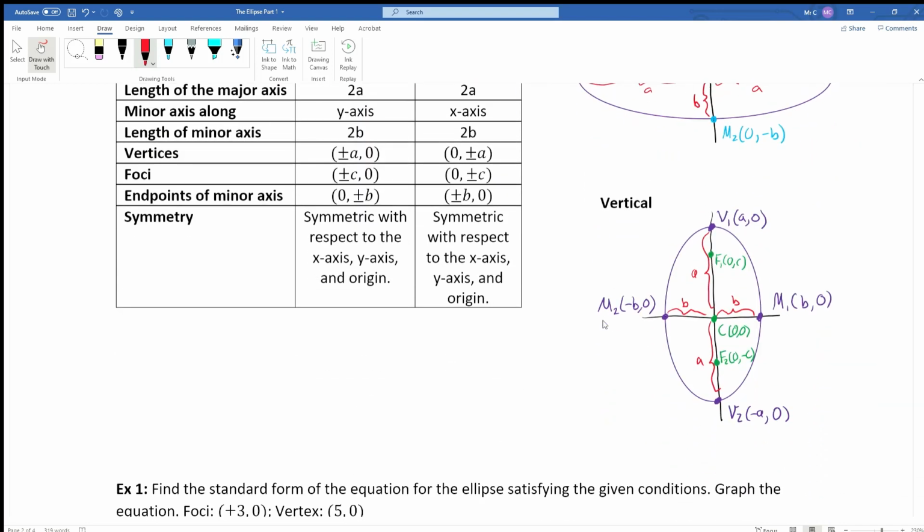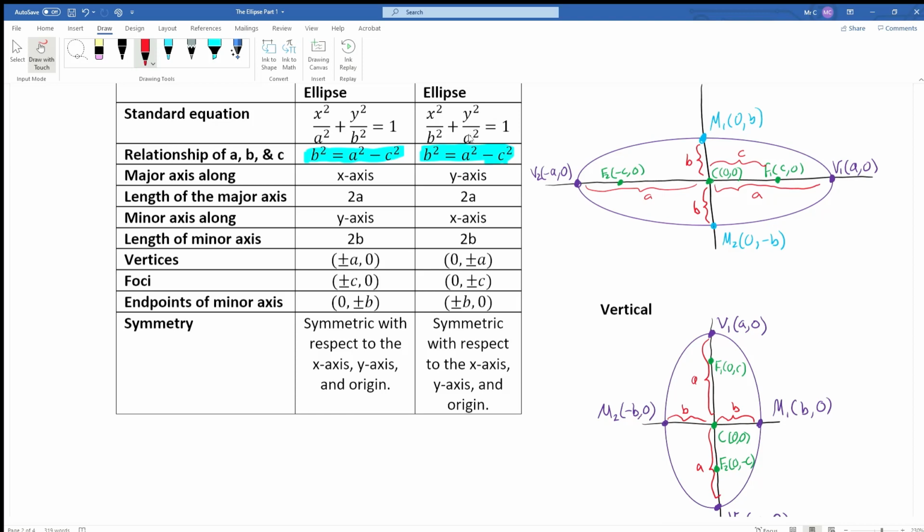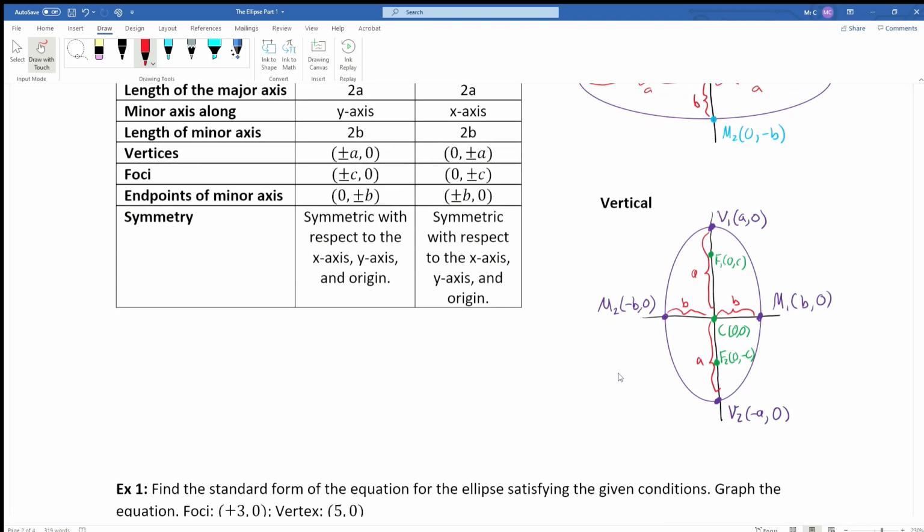Now, if we look at a vertical ellipse, so this is one where our larger term a was paired up with the y value, we get the same thing, except that since a is paired up with the y, it's going to stretch the y-axis portion of our graph further. So we get stretched vertically, and we get for our vertices (0, a) and then (0, negative a).